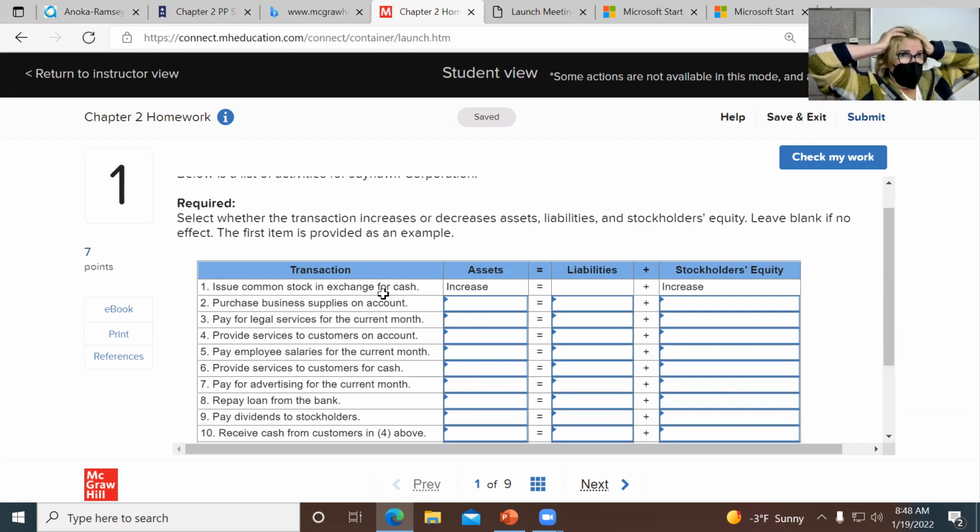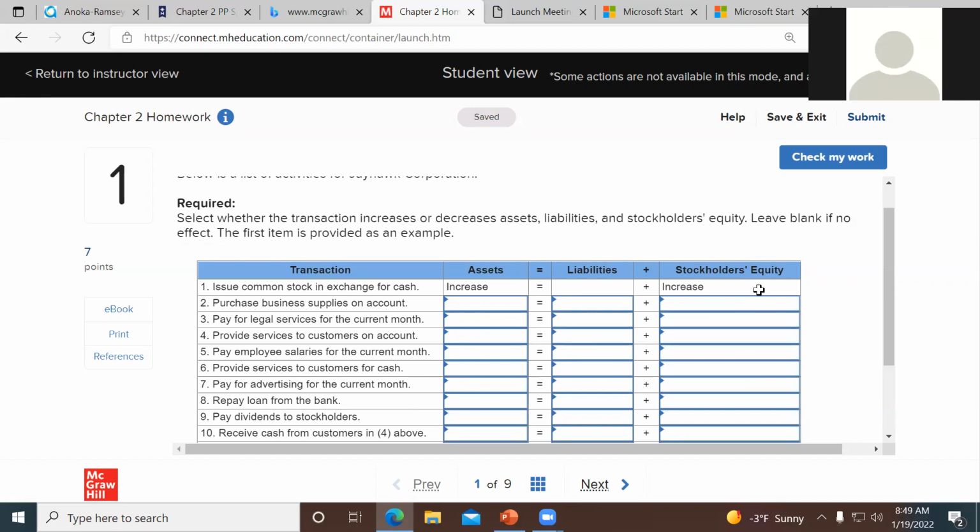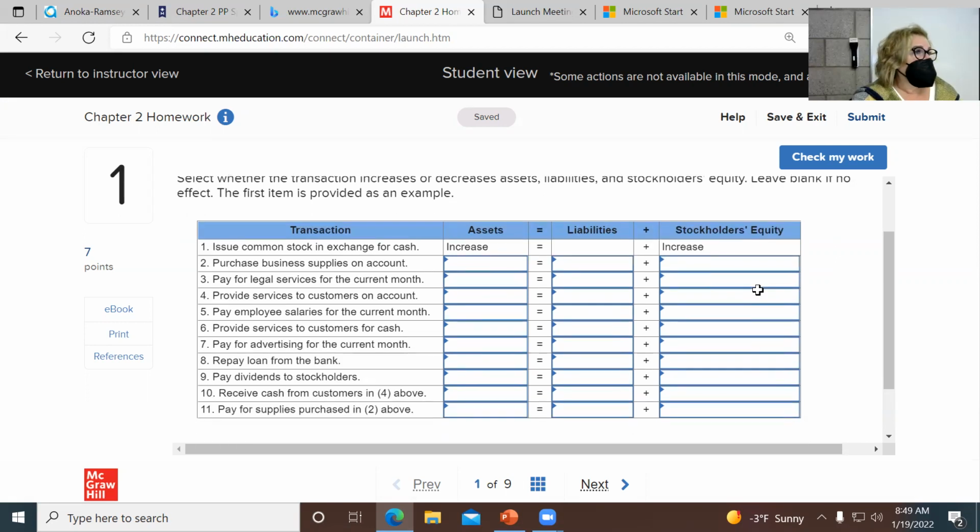Cash is affected. Cash increases. I know cash is an asset, so an asset's going to increase. Also, common stock is part of stockholders' equity, and that's going to increase. Does that make sense? Question? I want you guys to spend a couple minutes and attempt this, okay? Just attempt it.